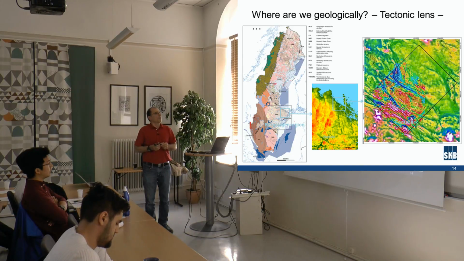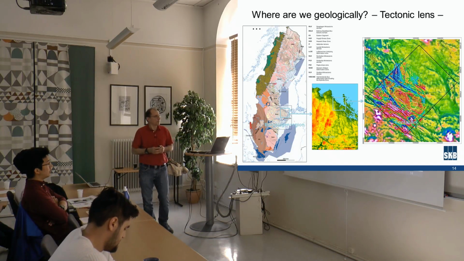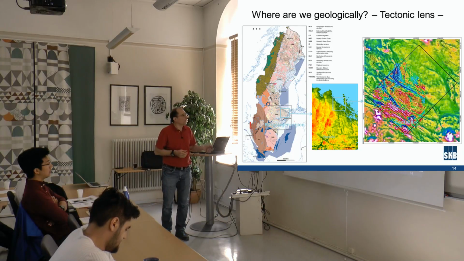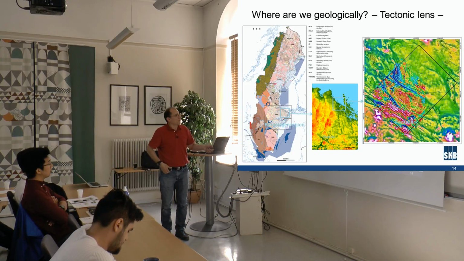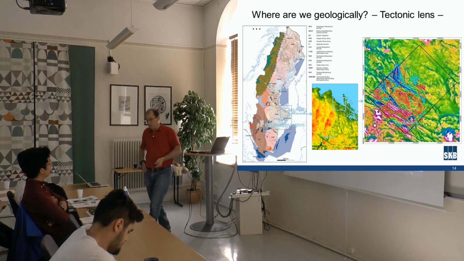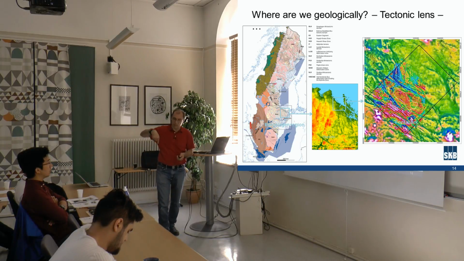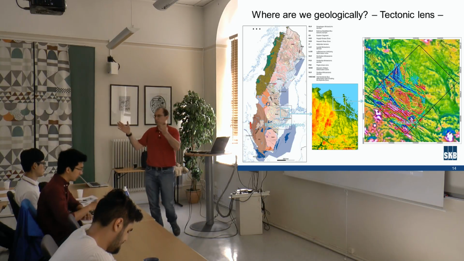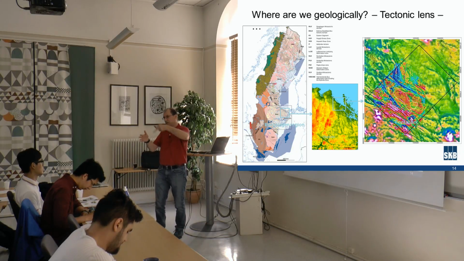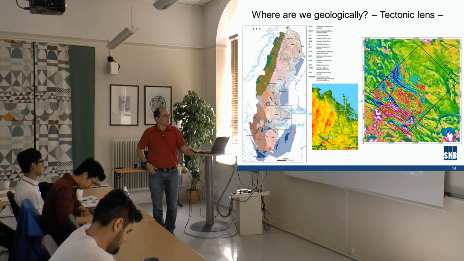So where are we geologically and why? You see Sweden. Forsmark is up here. Laxemar, or Oskarshamn, is here. This is a geological map. And this is an aeromagnetic map. So with an airplane that has been flown 200 meters between the profiles, this map has been compiled.